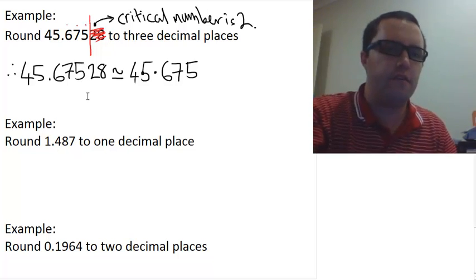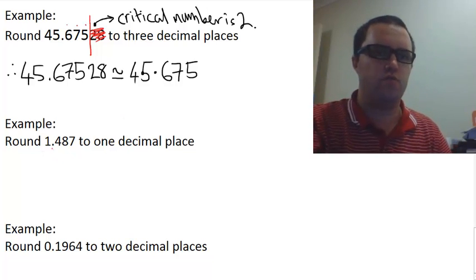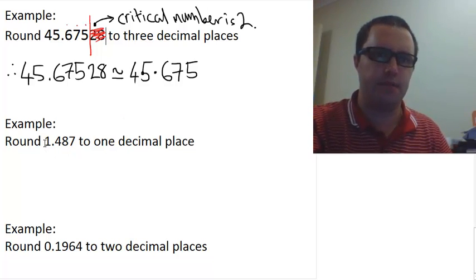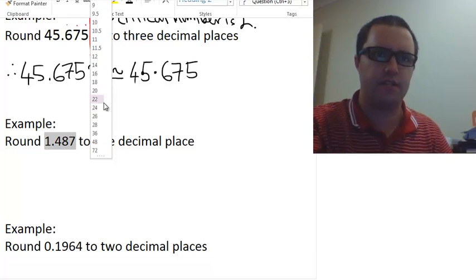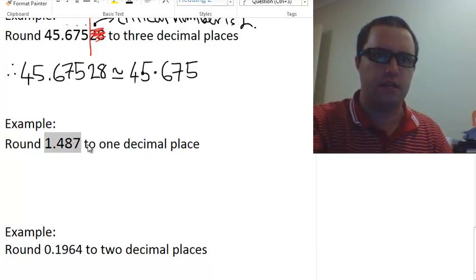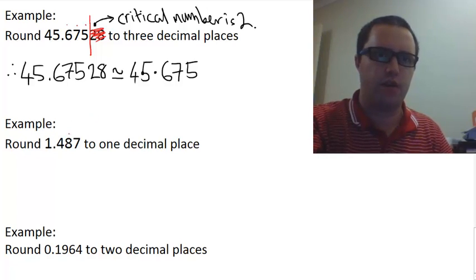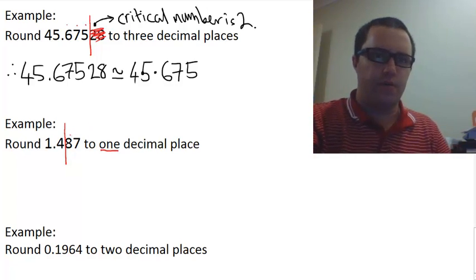Right, next example, round 1.487 to 1 decimal place. Let's blow this up a little bit. So we count 1 decimal place, and we know we're going to be terminating here at some stage. We inspect our critical number.